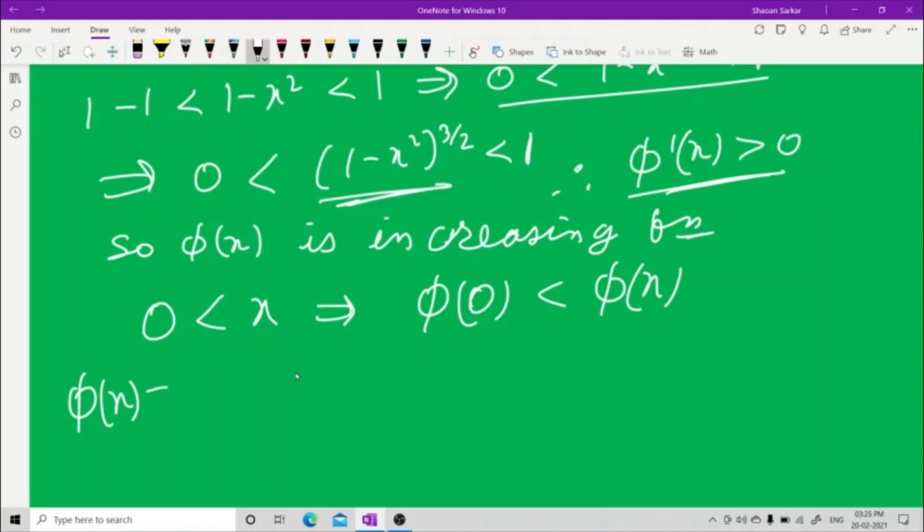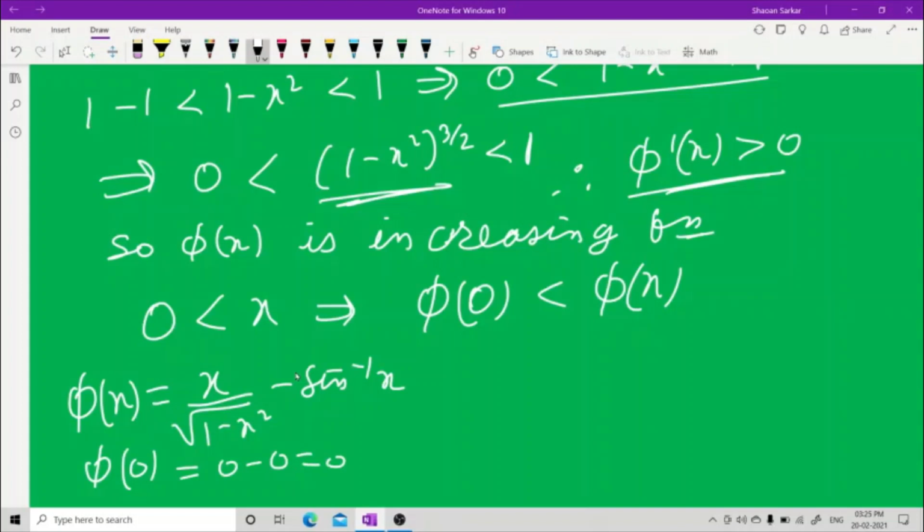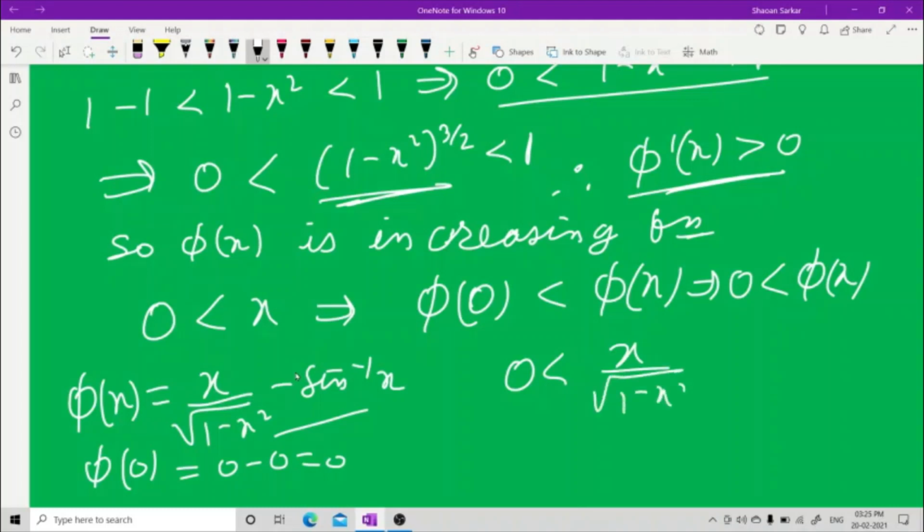What is phi of x? Phi of x is x under root 1 minus x square minus sine inverse x. So phi of 0 is 0 minus 0, which is 0. Therefore, 0 is less than phi of x. That means 0 is less than x under root 1 minus x square minus sine inverse x.